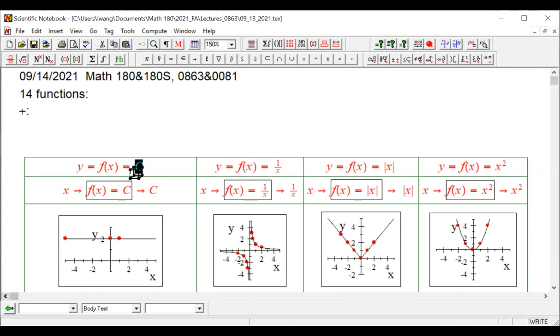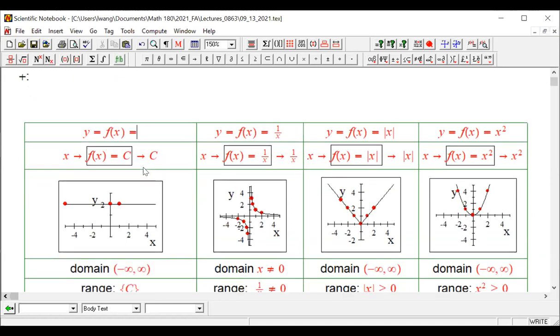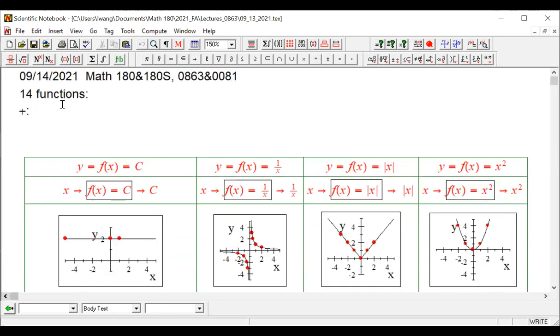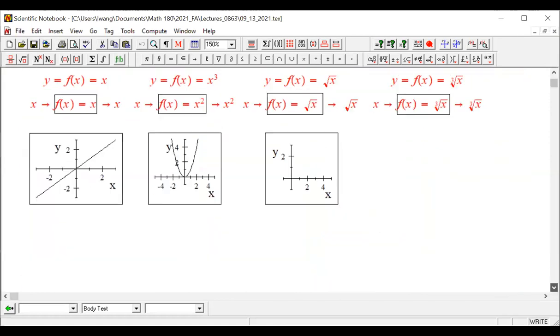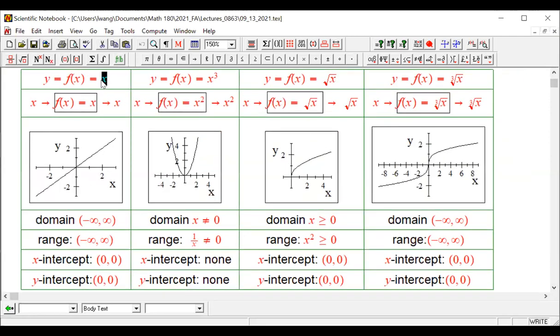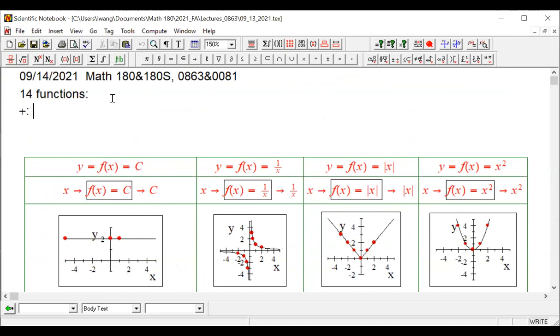For example, if I add the constant c with x, suppose I take this function c, a constant, and add it with x. What happens if you do x plus c? That's adding functions: one function adding another.